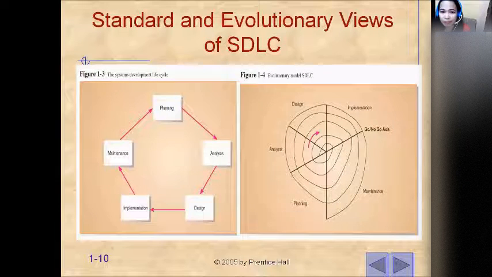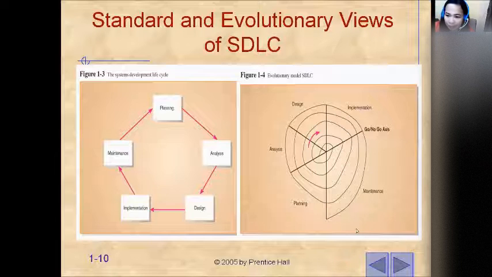Okay, System Development Life Cycle, or the standard and evolutionary views of SDLC. As shown on the screen, we have planning, analysis, design, implementation, and maintenance. It always starts with planning, followed by analysis, design, implementation, and maintenance.